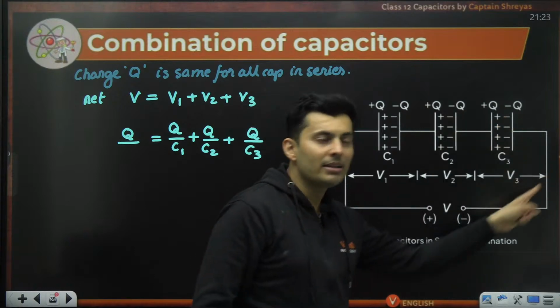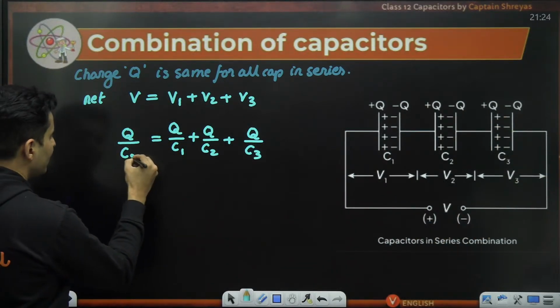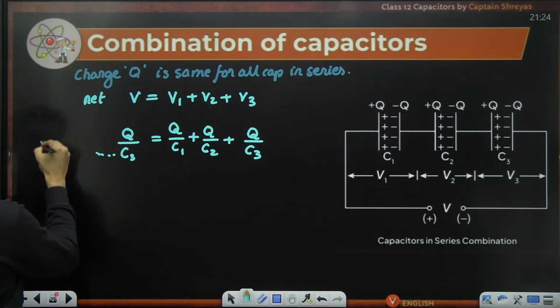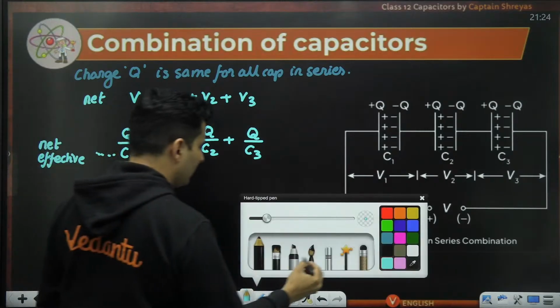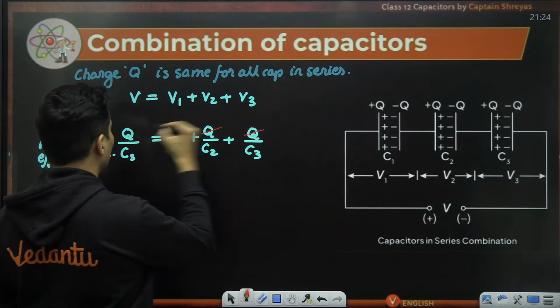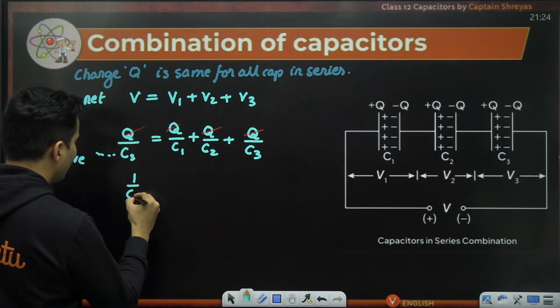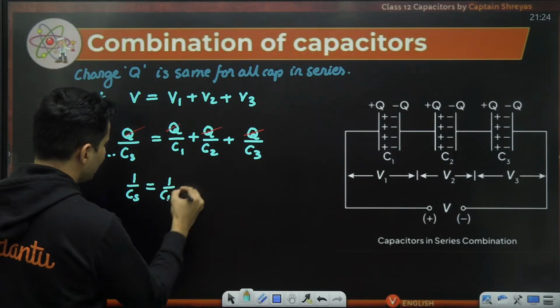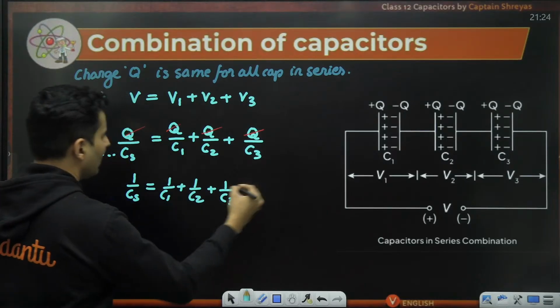And if I replace all these capacitors with one single capacitance, that will be CS. So this is your net effective capacitance, CS. Best part is Q got cancelled. So I am left with 1 by CS is 1 by C1 plus 1 by C2 plus 1 by C3 and so on and so forth.